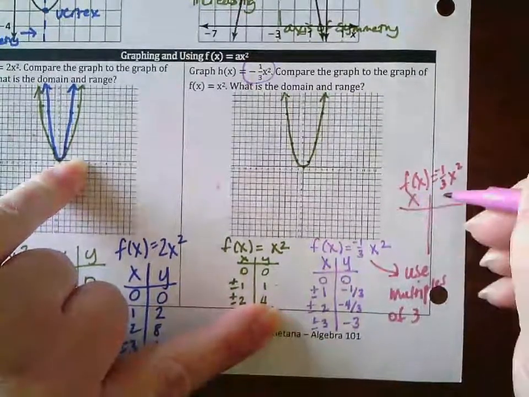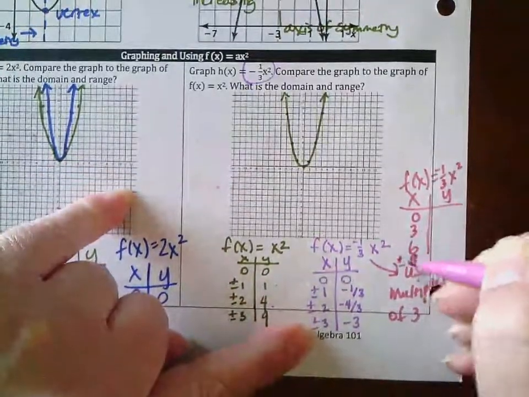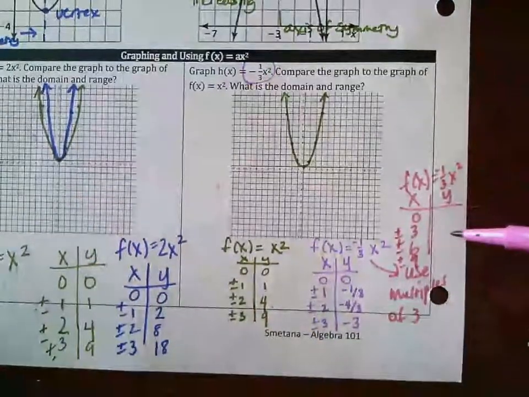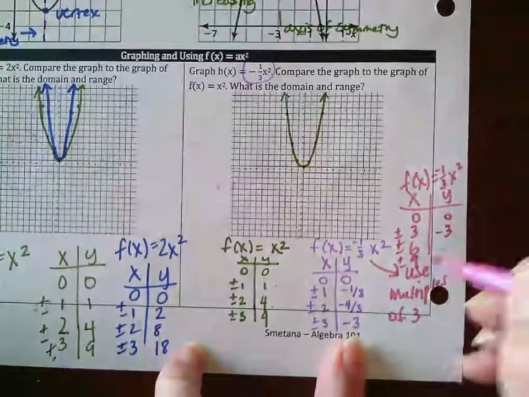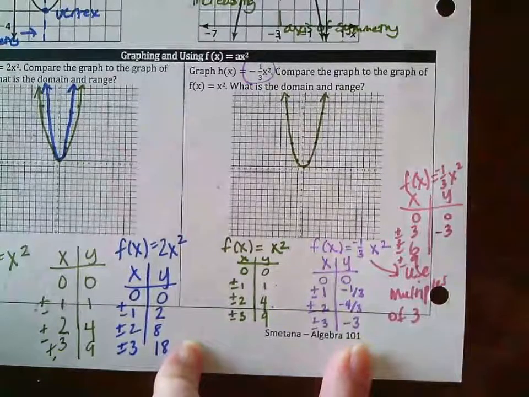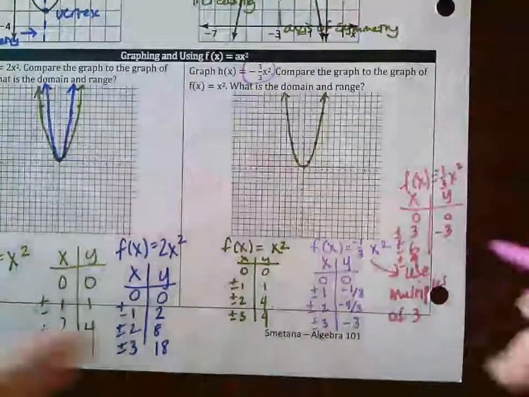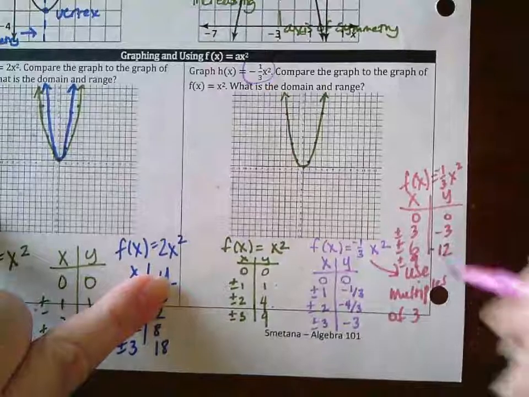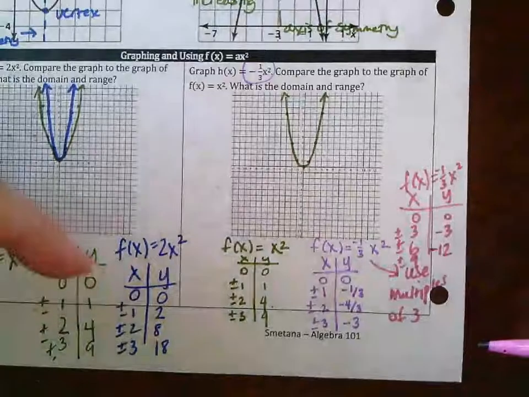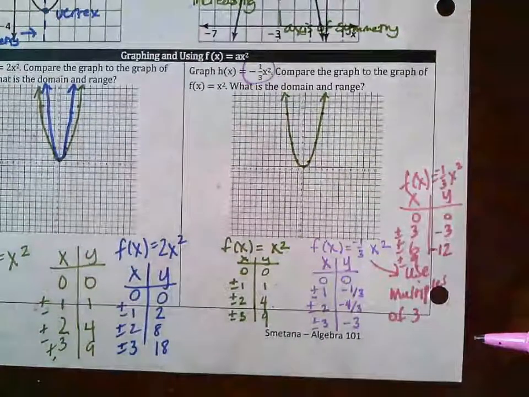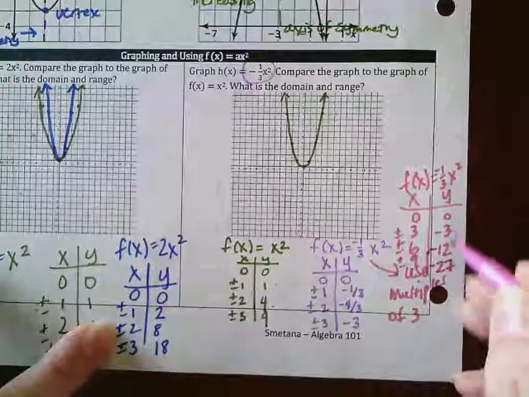Okay, so if you use multiples of 3, if we actually followed that, you would have 0, 3, 6, 9, and remember this one is going to be negative. 6 times 6 is 36, divided by 3 is 12, and you can see that you get answers that are nice even numbers. 9 times 9 is 81, 81 divided by 3 is 27, and again you get nice even numbers.